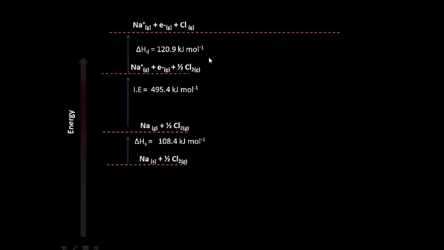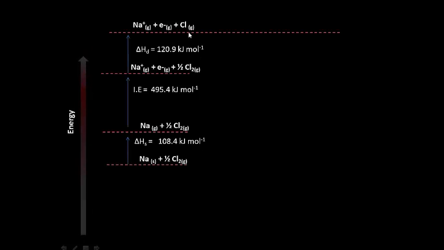The energy involved here is also a positive term, as energy needs to be supplied to dissociate the chlorine molecule, and the enthalpy of dissociation is 120.9 kilojoules per mole. Now we have sodium cation, chlorine atom and an electron in the system.